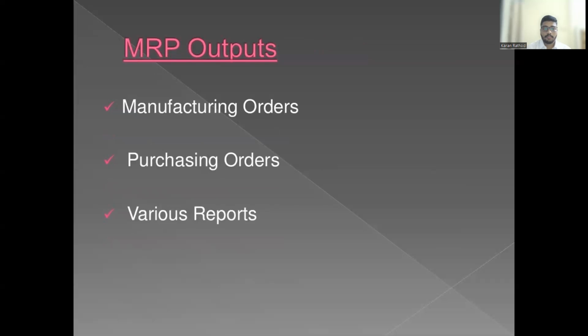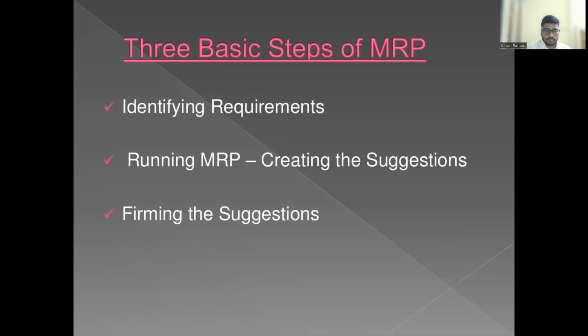MRP outputs: manufacturing orders, purchasing orders, various reports. Three basic steps of MRP: identifying requirements, running MRP, and forming the suggestions.